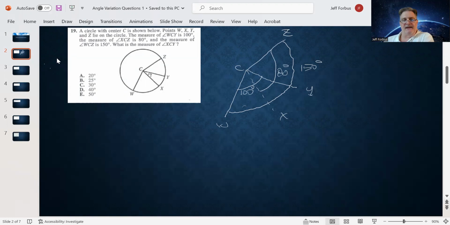Now, we want to find XCY. So the first thing we can do is we can say, well, WCZ subtract WCY. So 150, subtract the 100. That's going to leave us 50. That 50 is going to be represented by YCZ.